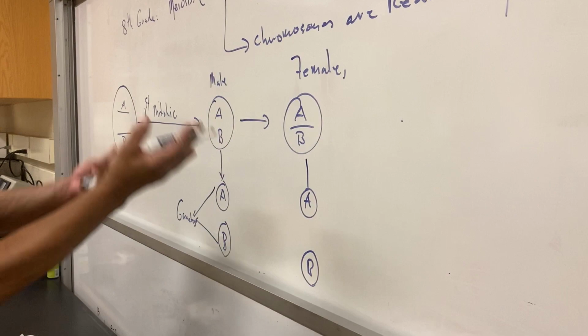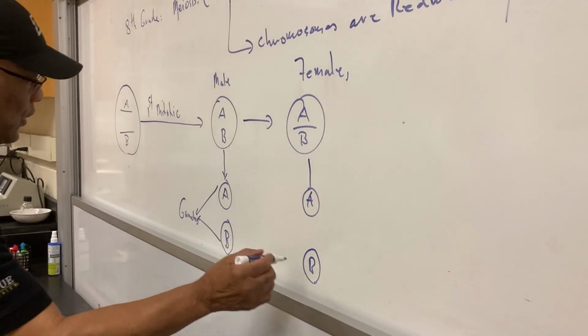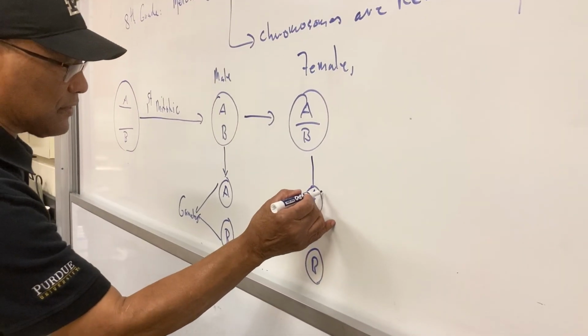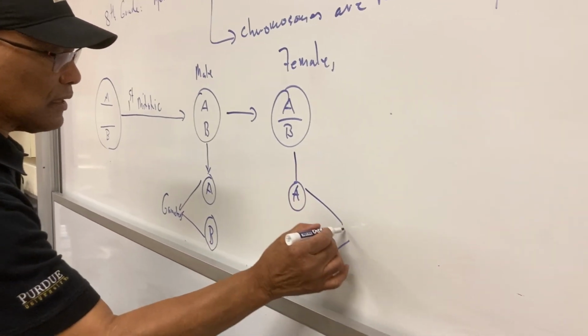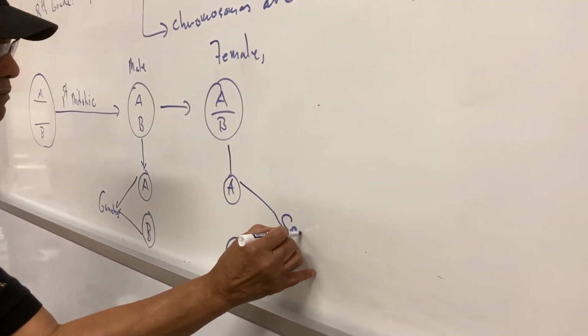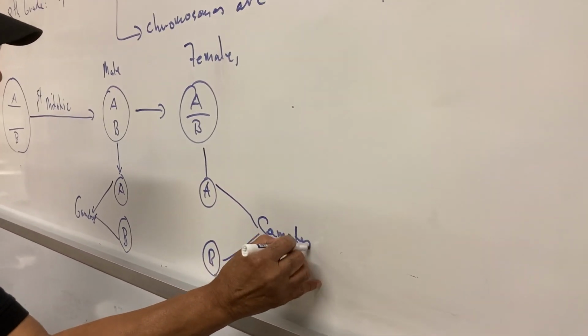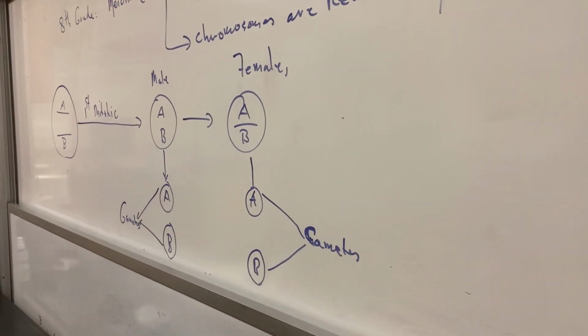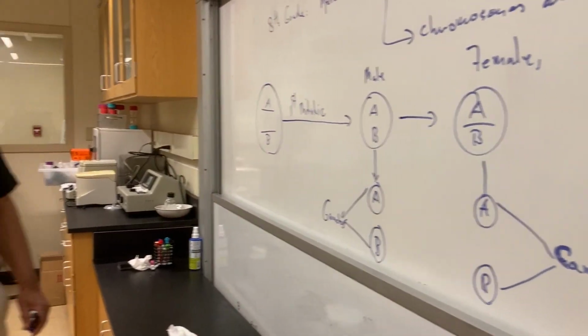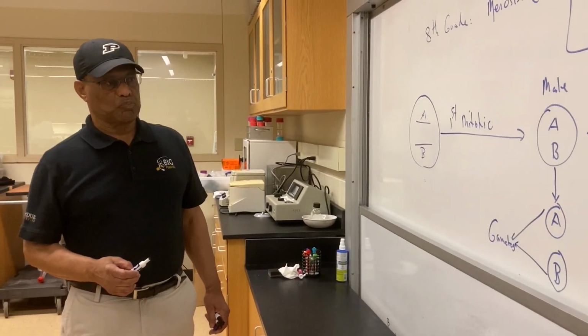Okay, and you could use any variations of this if you will, but basically that's what's happening. These are called gametes, and you'll see why in a minute. Male and female gametes. Okay?